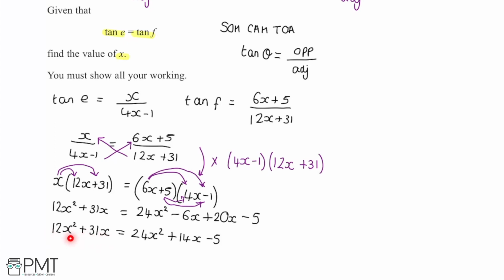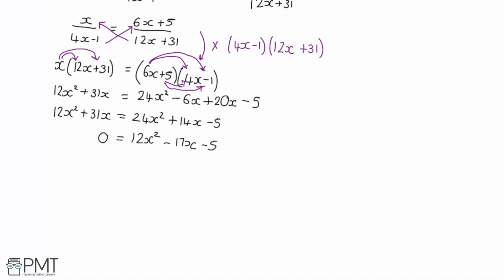So if we subtract 12x squared plus 31x from both sides, we're going to get 0 is equal to 24x squared minus 12x squared, so 12x squared, plus 14x minus 31x, and that's going to give us minus 17x minus 5. So now we've got an equation equal to 0. And that was just by subtracting 12x squared plus 31x.